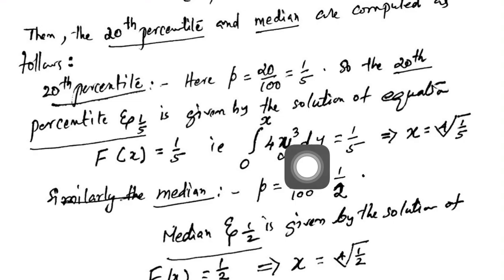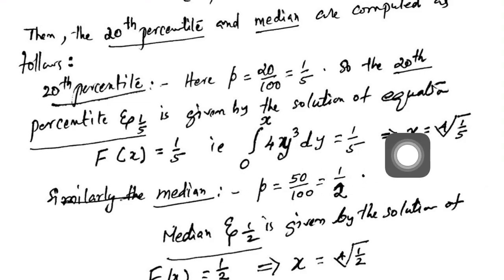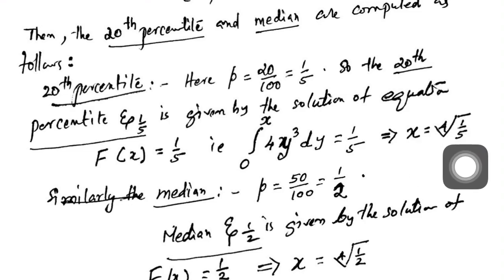Then you have y to the power of 4, and you evaluate the integral in the range 0 to x, and you will see that you can easily verify this. x is equal to the 4th root of 1/5. So this is the 20th percentile. You take the positive value, then you can find the value of x.